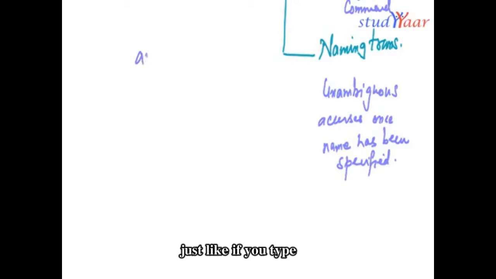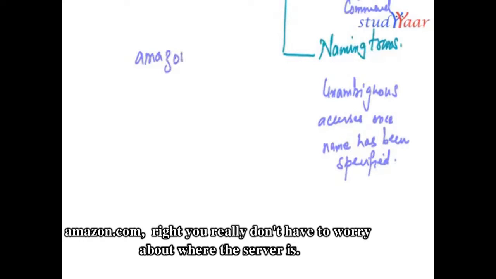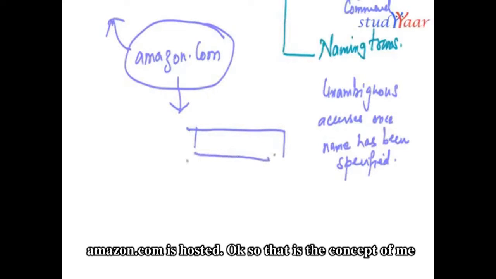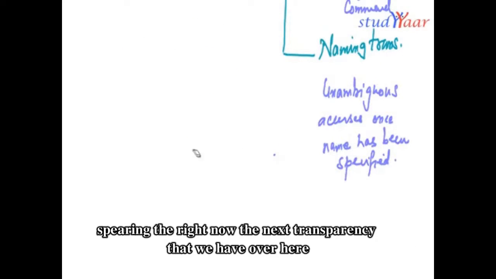Just like if you type amazon.com, you really don't have to worry about where the server is located. The system is going to unambiguously take you to the server where amazon.com is hosted. So that is the concept of naming transparency.